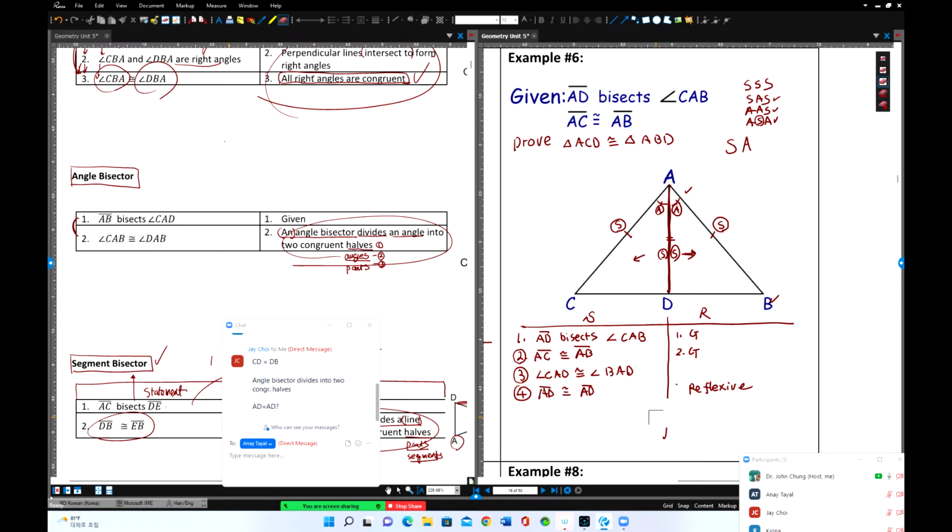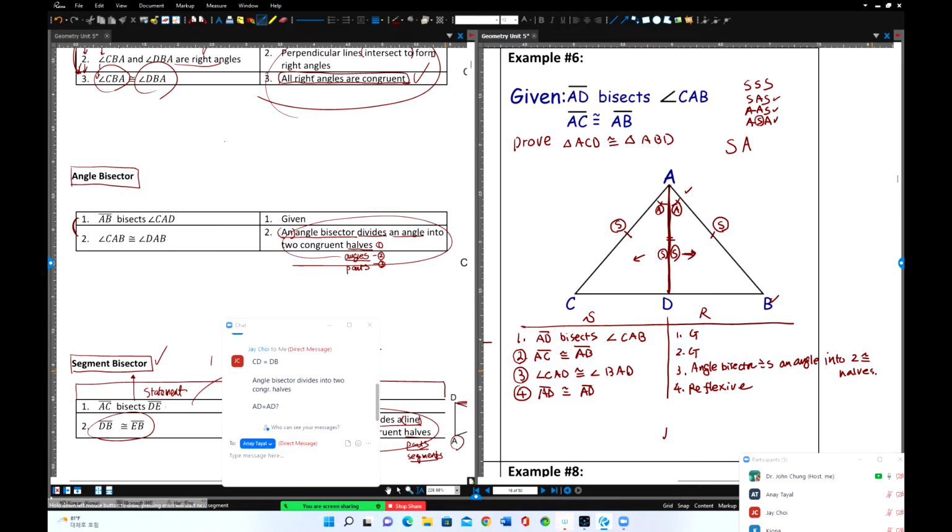I'm sorry, this is number 4. We didn't do number 3, the reason, right? Angle bisector, okay? The reason over here, angle bisector. Divide an angle into two congruent angles or two congruent parts or two congruent halves. At least I'm going to use the halves.